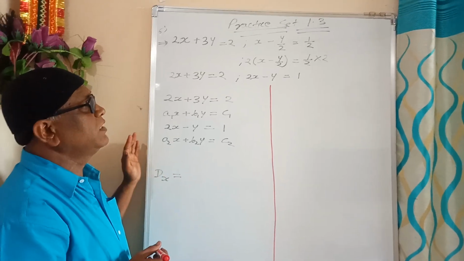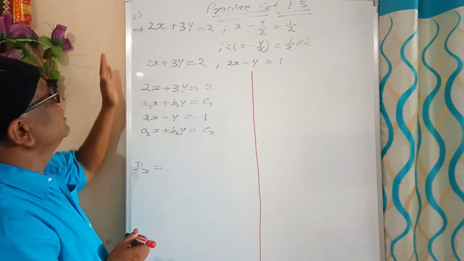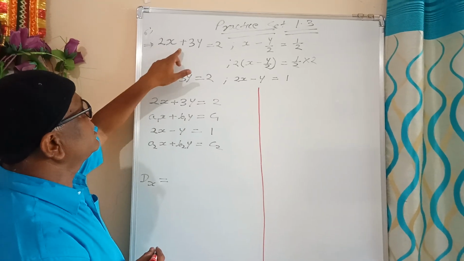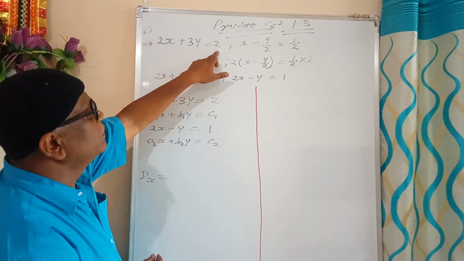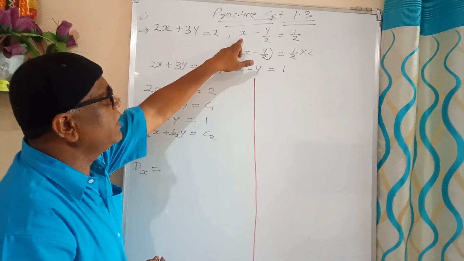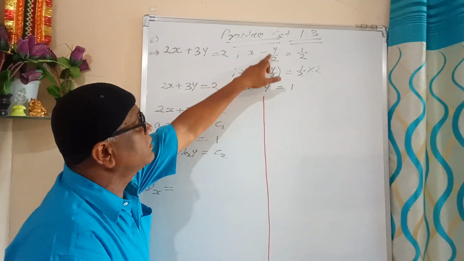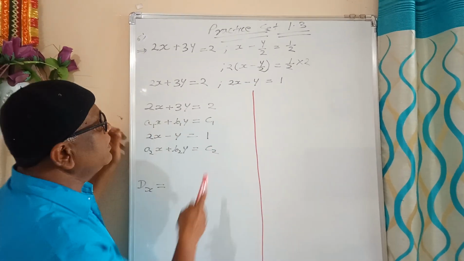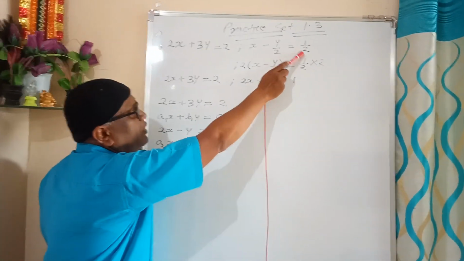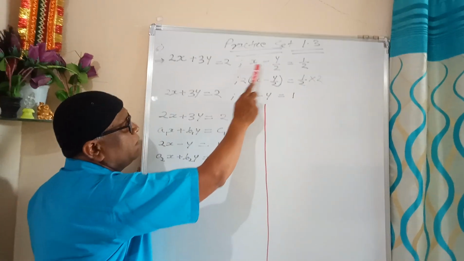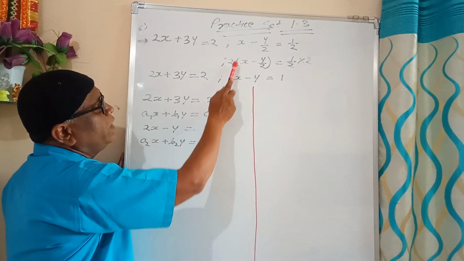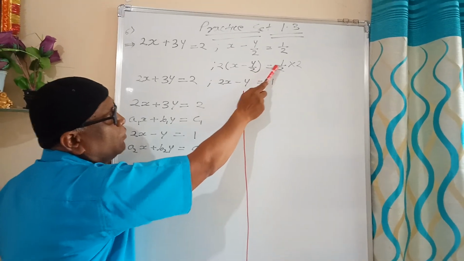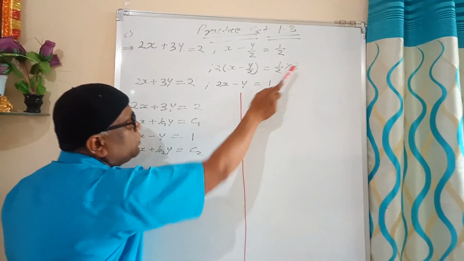Now from this practice set 1.3, the last example, the sixth example, we are going to see: 2x plus 3y is equal to 2. This is the first equation. The second equation is x minus y upon 2 is equal to 1 upon 2. Now here in this second equation, the denominator 2 is there. So we are multiplying both sides by 2. 2 in bracket x minus y upon 2, bracket complete, is equal to 1 upon 2 into 2.